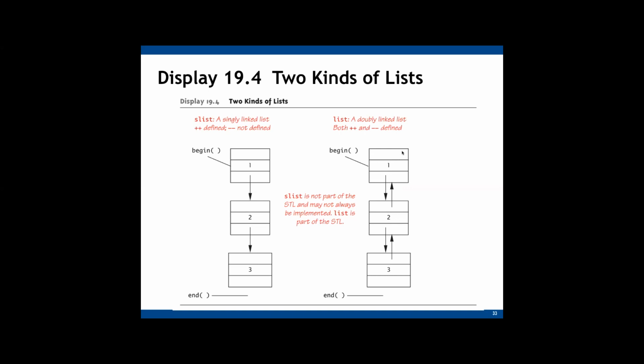That is the difference between singly and doubly linked list. In a singly linked list, because there is only one arrow, we can only go forward. But in a doubly linked list, because there are two arrows, we can go forward and backward. Anyway, I'm not here to teach you the data structure. Just remember that linked list is a sequential container class in STL.